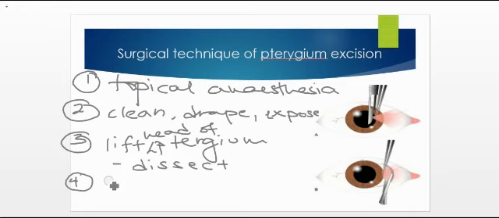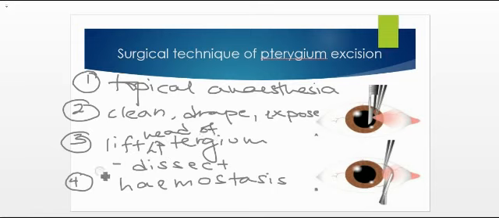Now what happens after that? Obviously there's going to be bleeding. So what you're going to do is hemostasis, obviously achieved by cauterization.